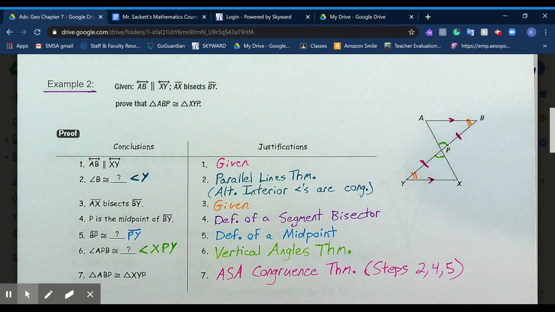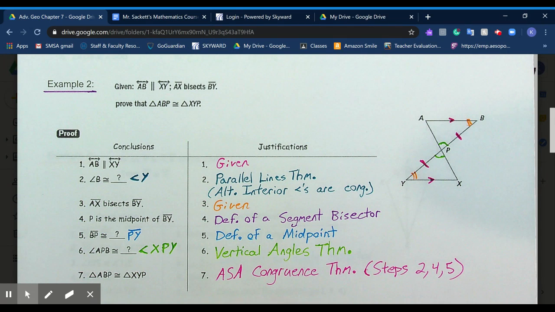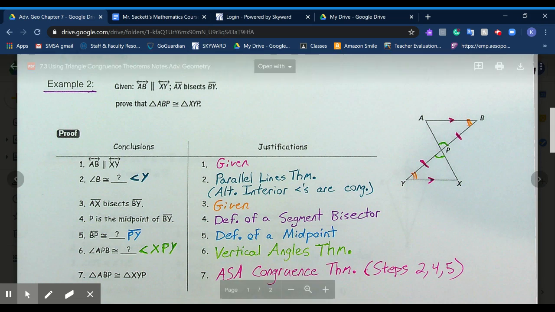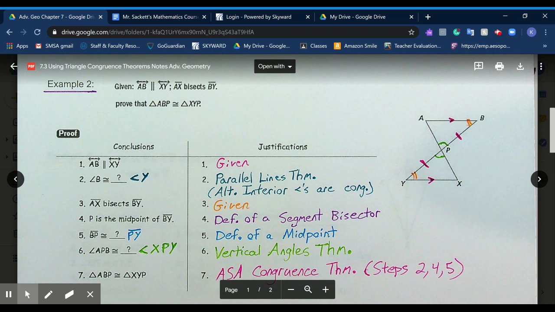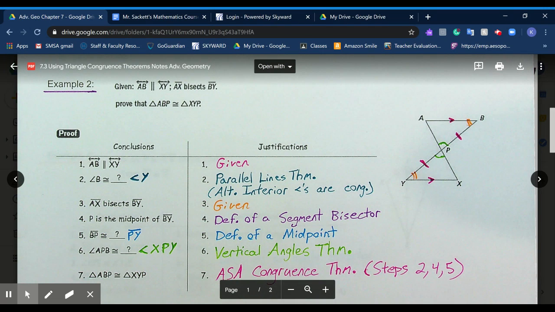Example 2 tells us side AB, or line AB, is parallel to line XY, indicated with the arrow on each side. Then we were also told that segment AX bisects segment BY. So AX bisects BY, what that tells me is that YP and BP are going to be equal or congruent.